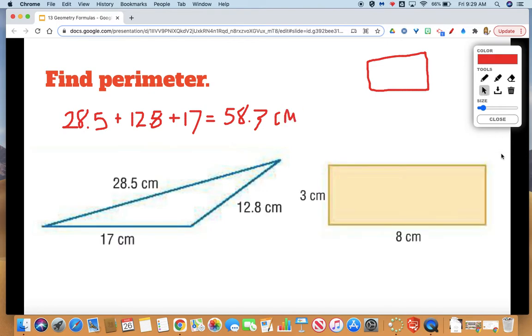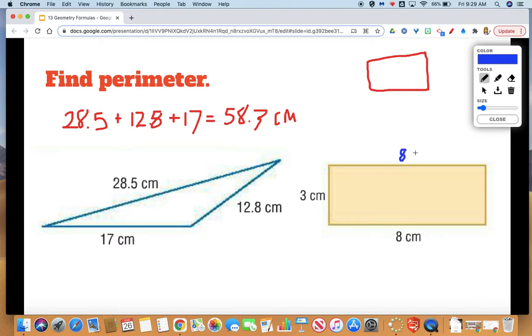Let's try a quadrilateral. Here's a rectangle. Sometimes you have to use your knowledge about rectangles to help you with any missing side lengths. So on this rectangle, you can see we were given 8 and 3. So for a rectangle's perimeter, we want to add up all 4 sides. What are these two missing sides?